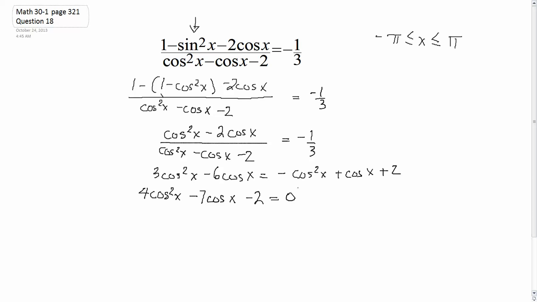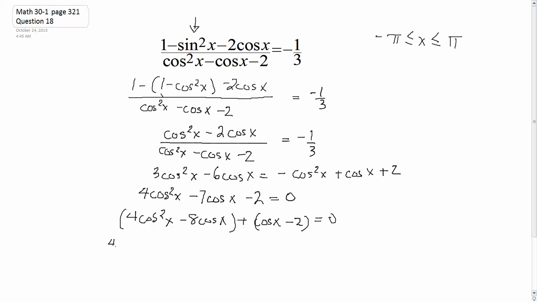We can do that by factoring, and we're looking for two numbers that multiply to negative 8 and add to negative 7, and so that would be negative 8 and 1. So we're going to rewrite this as 4 cos squared x minus 8 cos x plus cos x minus 2, and all of that equals 0. And we're going to group these for factoring.